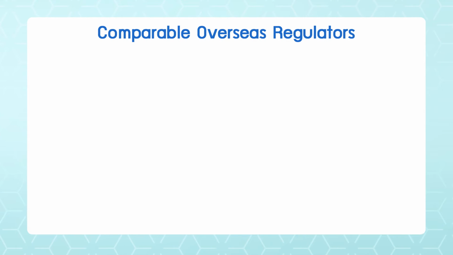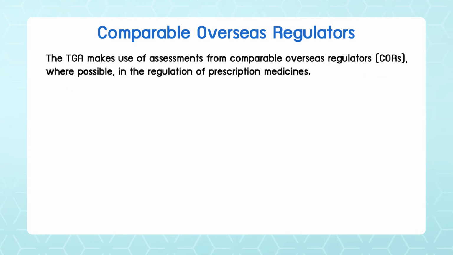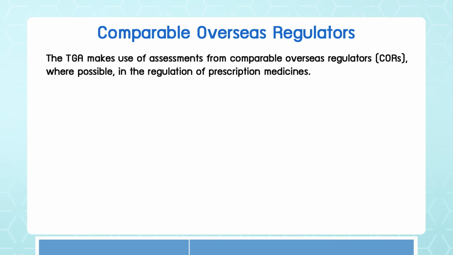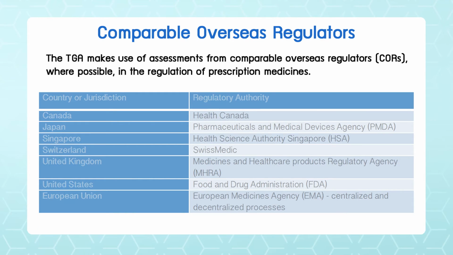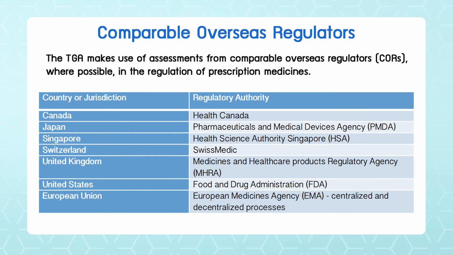And category 2 is that TGA makes use of assessment from comparable overseas regulators where possible in the regulation of prescription medicines. So these are the countries which TGA has already accepted as a comparable regulator: Canada, Japan, Singapore, Switzerland, UK, US, and EU.